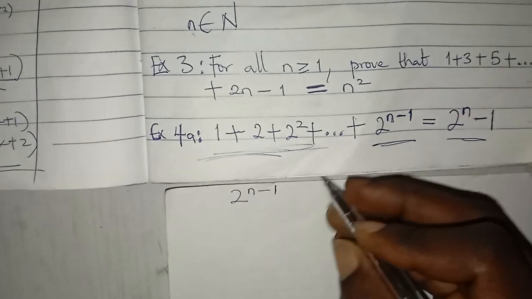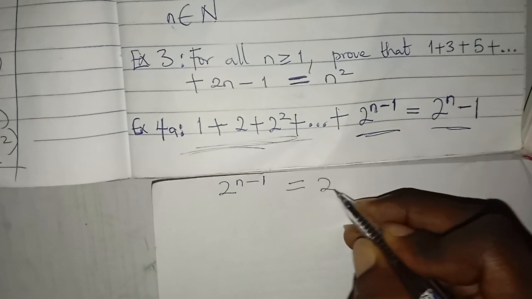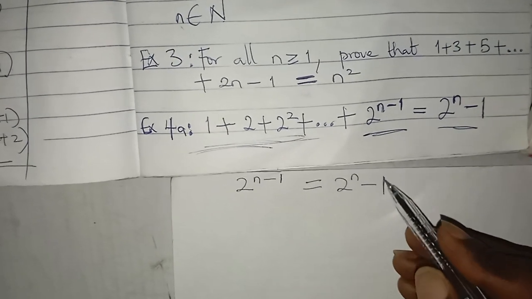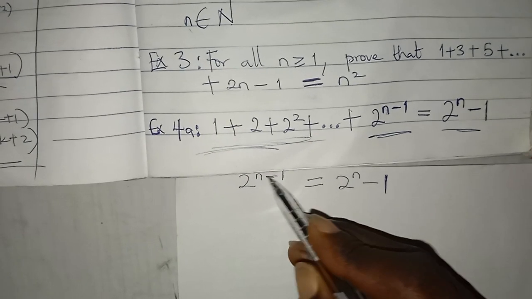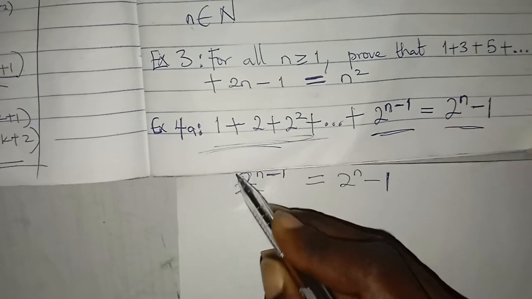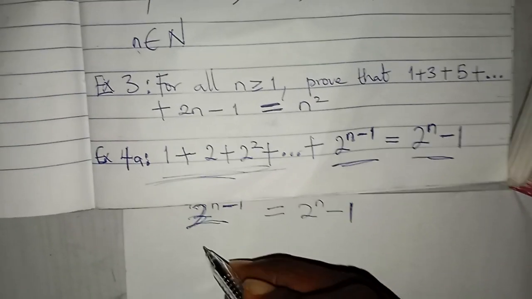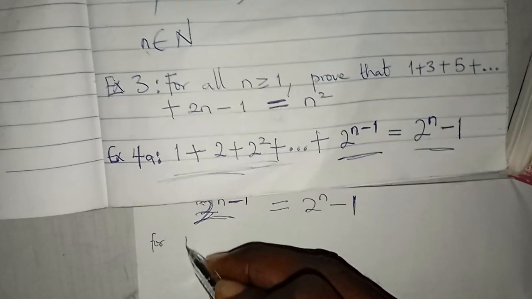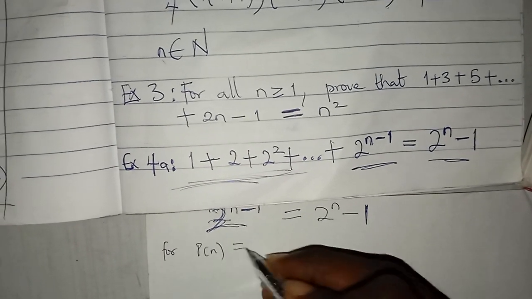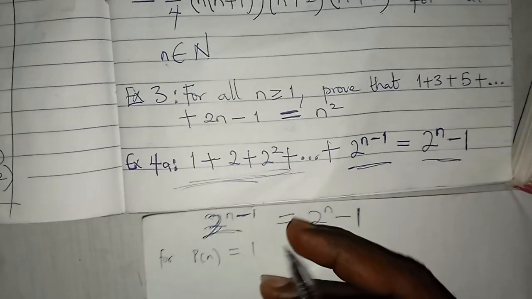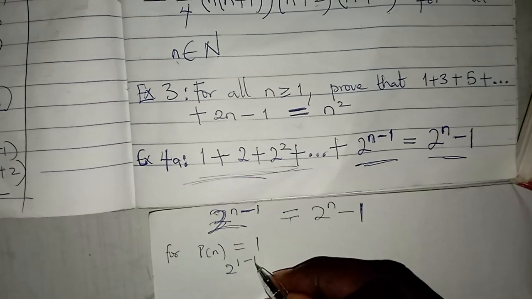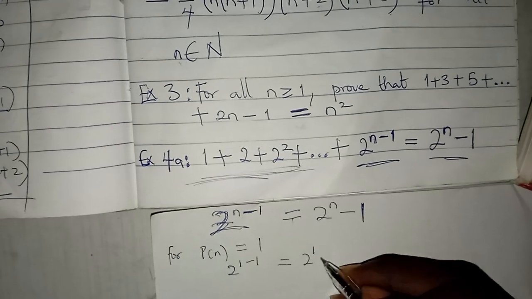This is 2 raised to power n minus 1 is equal to 2 raised to power n minus 1. So this is down, this one is raised to power. Don't mix it up. Now for p of n with n equals 1, I will have 2 raised to power 1 minus 1 equals 2 raised to power 1 minus 1.